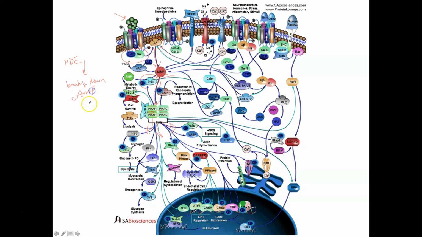And so if you can break down cyclic AMP, you can shut off the second messenger within the cell. So that's a really important enzyme because it's going to turn off cyclic AMP. So just like you have degradation of hormone on the outside of the cell, you need degradation of the second messenger within the cell in order to shut the system down.